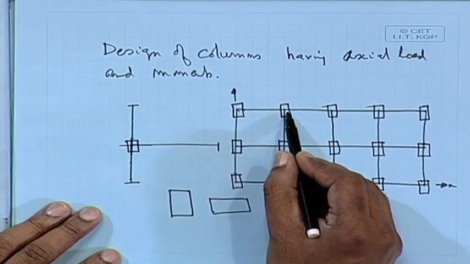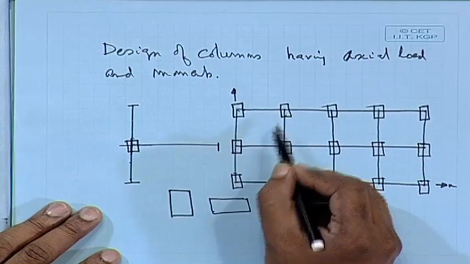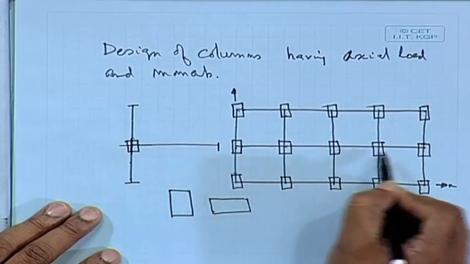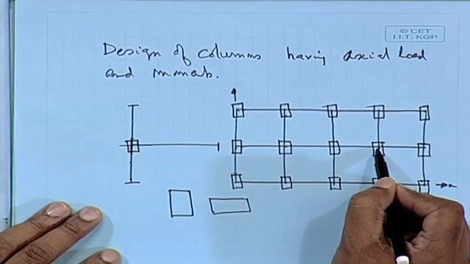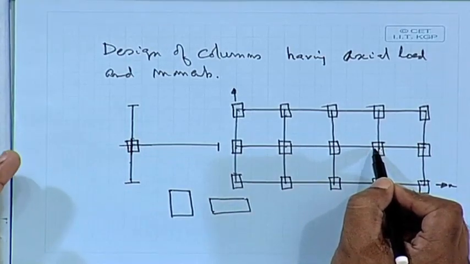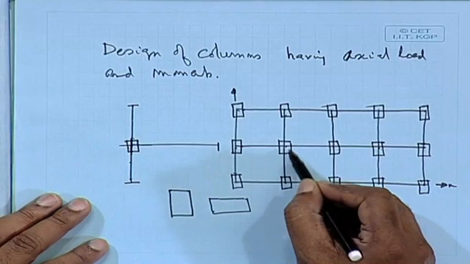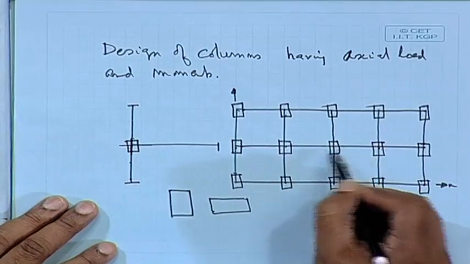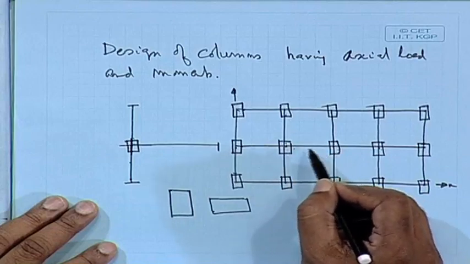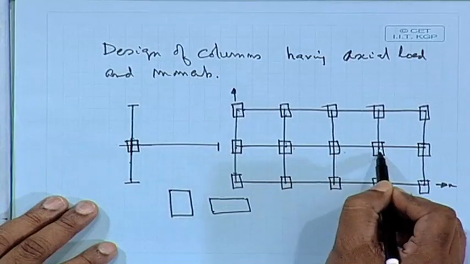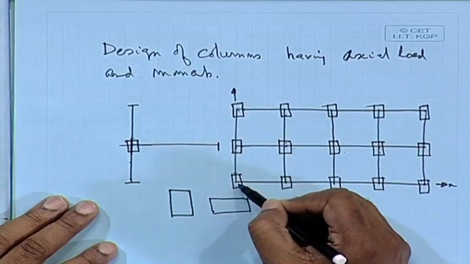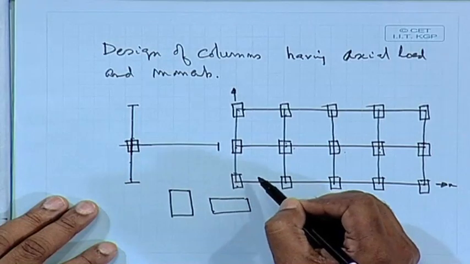This column the moment will be about one axis, whereas this column the moment will be about the other axis, whereas these middle columns are almost axially loaded. You may have a change in span or loading, so that a moment is developed, but in most cases these columns are axially loaded, whereas these columns are axially loaded as well as bending about both axes.